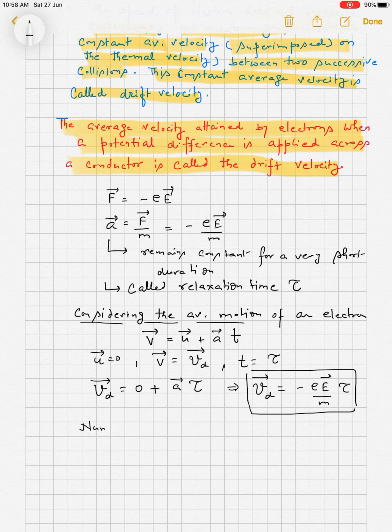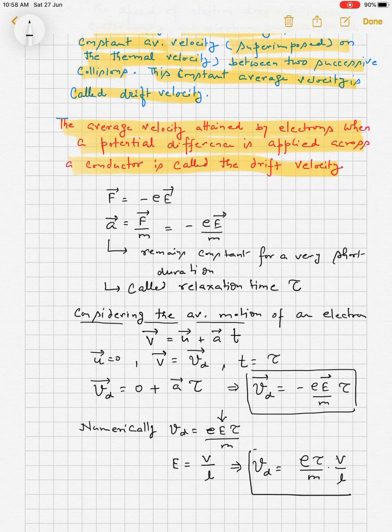Numerically, vd is equal to e tau by m times E. Since the electric field E is equal to potential difference by L, vd is equal to e tau by m times V by L, where V is the potential difference and L is the length of the conductor.